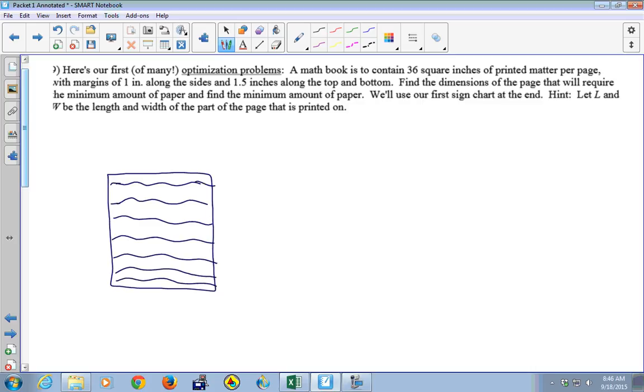We're letting L and W be the length and the width of the printed area. And then we also have margins, right? So we've got 1.5 inches along the top and the bottom, and then 1 inch along the sides.